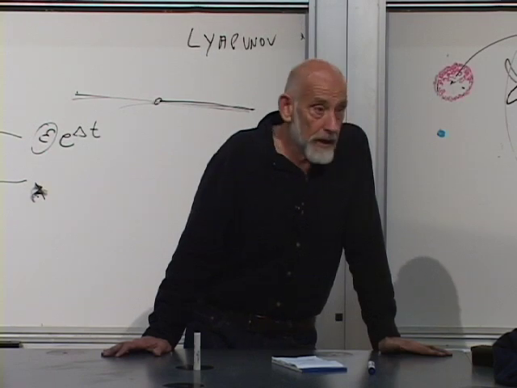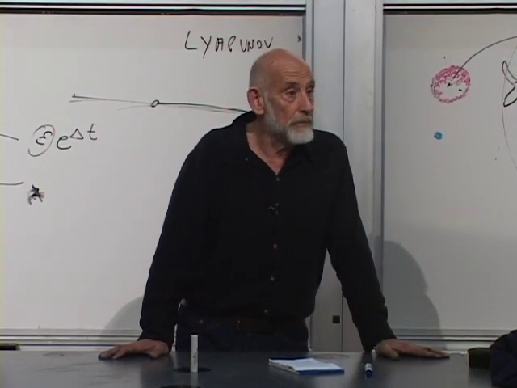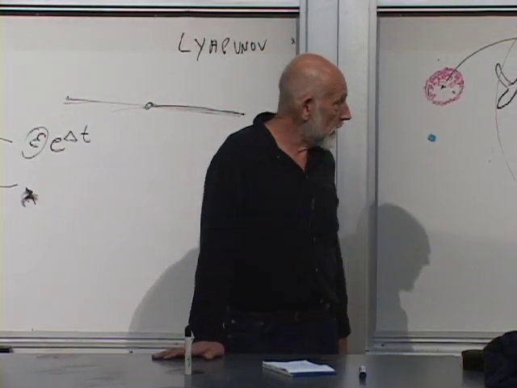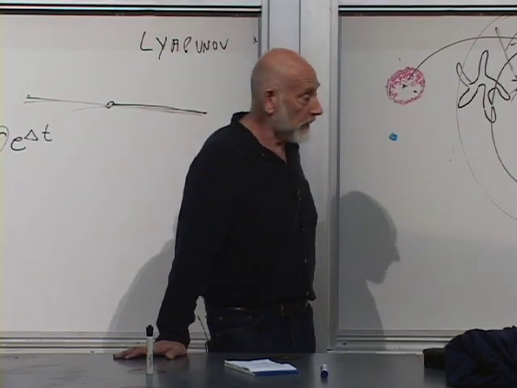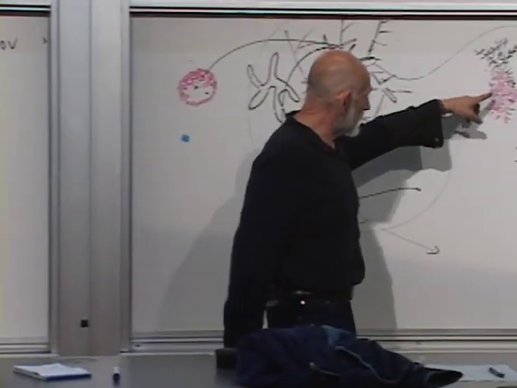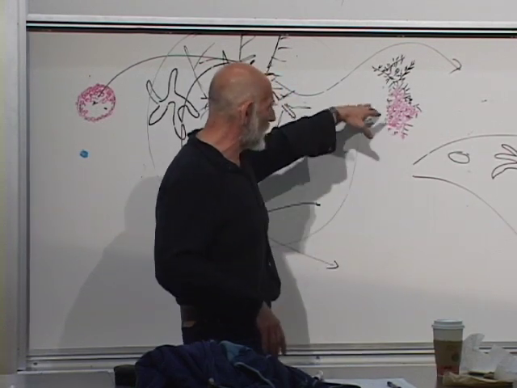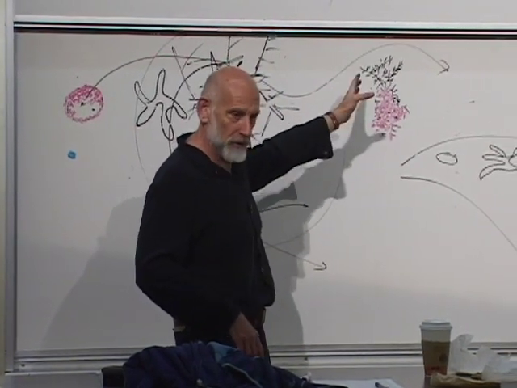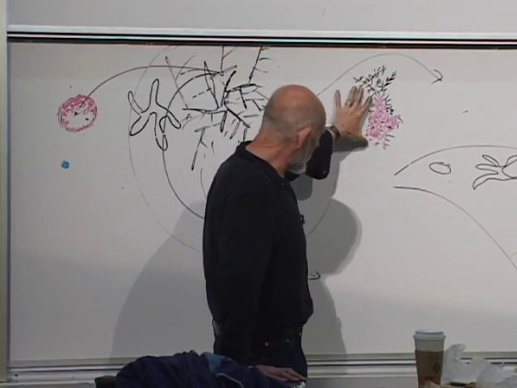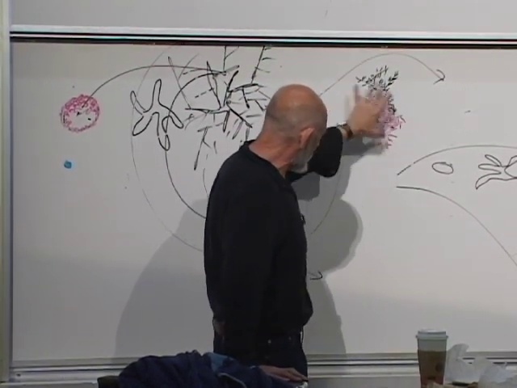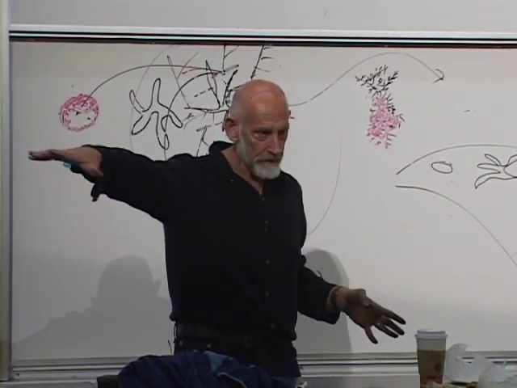This is a deep and profound point that puzzled people for many years, and I think it's more or less resolved. This chaotic behavior, I'm not exactly sure what the difference is between something called mixing and what's called chaos. Mixing, I think, is the idea that this branched tentacle structure covers the whole phase space pretty uniformly.